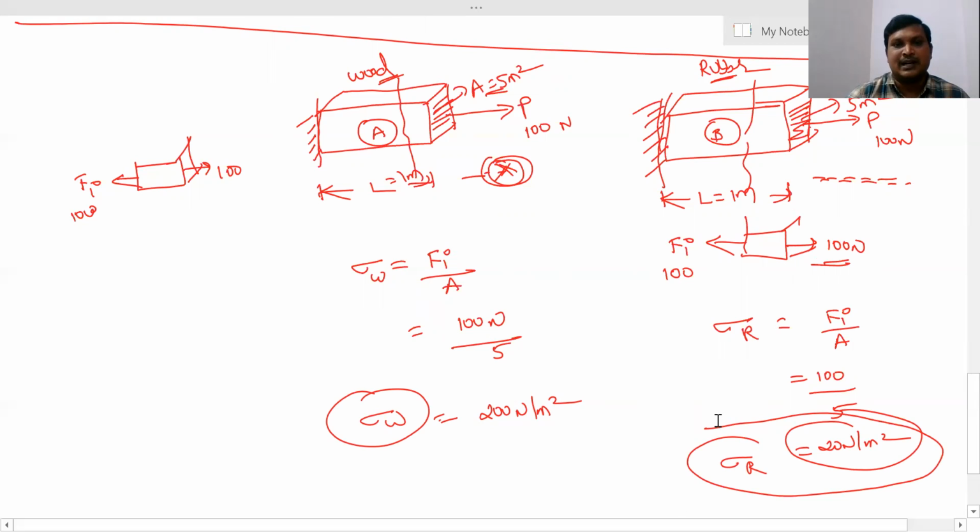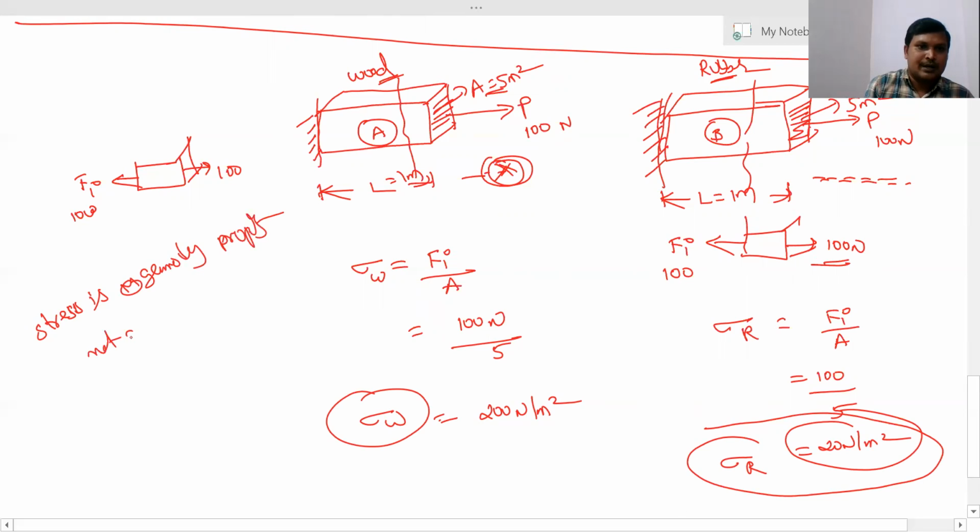So we can conclude from examples 1 and 2 that stress is a geometry property, not a material property, because even with different materials, wood and rubber, the stresses are the same.